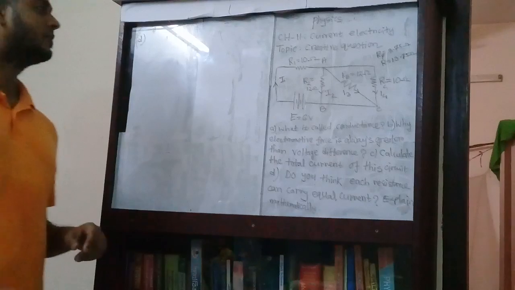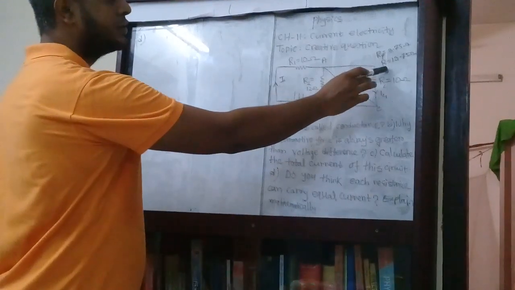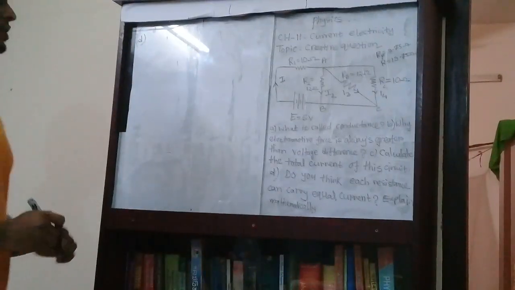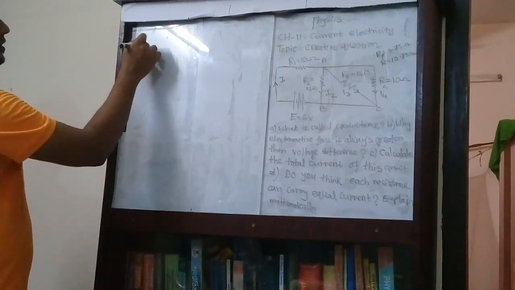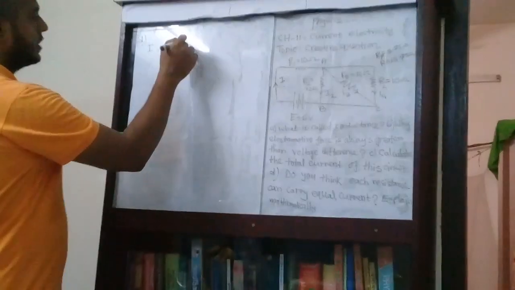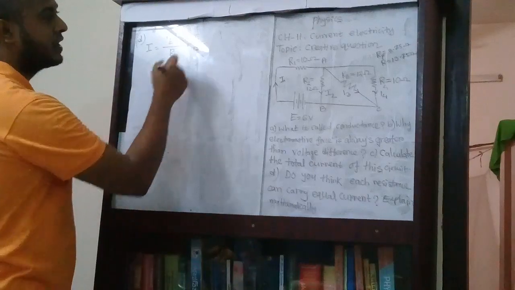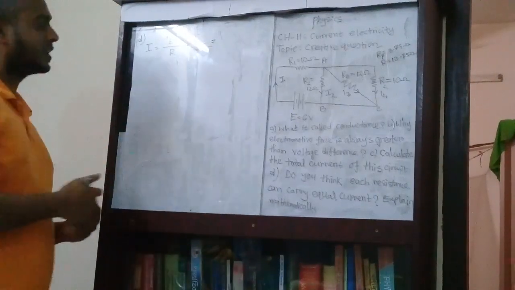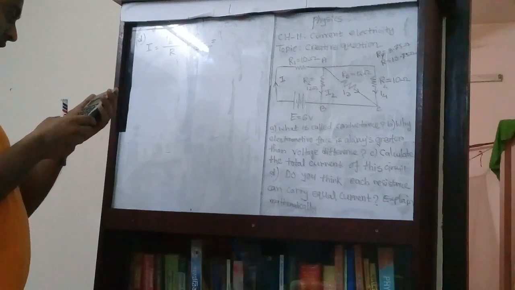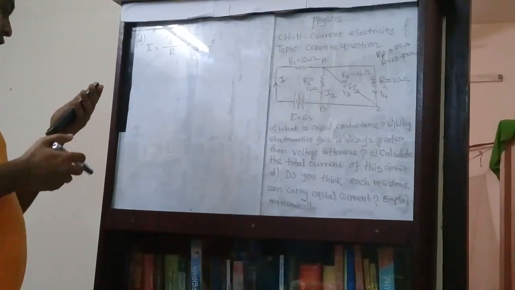Now, boys and girls, you see here the total or equivalent resistance of the circuit is R equals 13.75, which you already found in question number C. So the total circuit current I will equal E divided by R. E equals 6 volt and R equals 13.75. So the total circuit current is 6 divided by 13.75, that is 0.44 ampere.